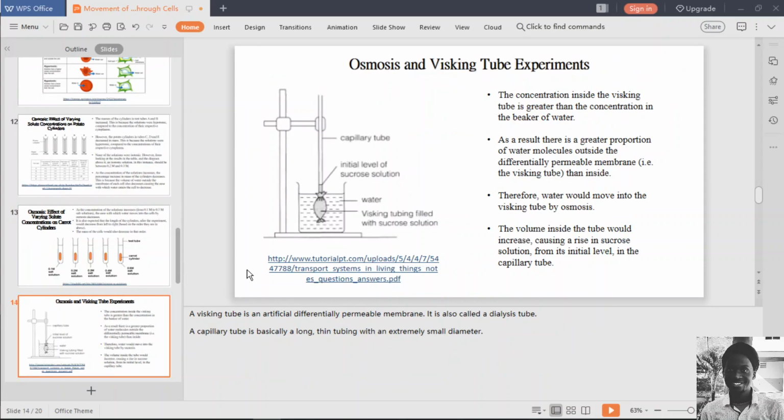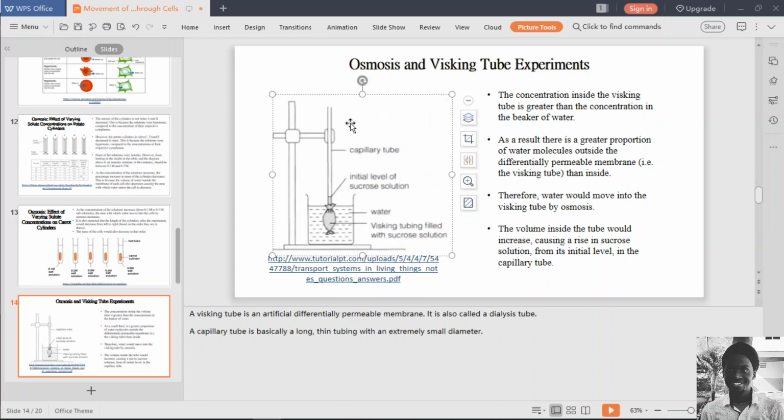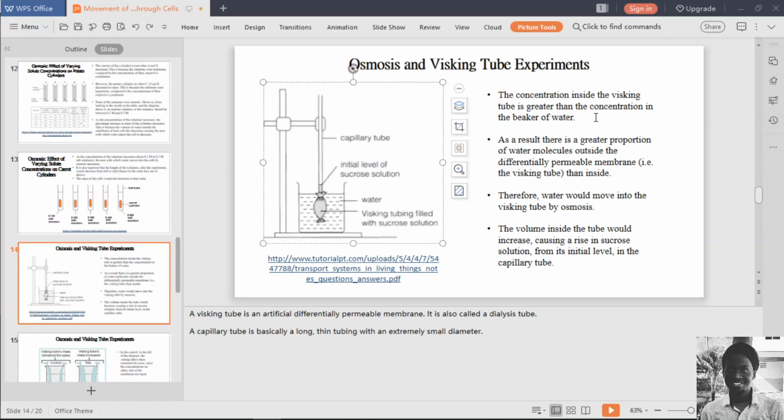Now, we also have the Visking tube experiments, and there are two models of the Visking tube experiments I will show you, because I do not want to go too much in depth with it. All right, two simple models. What actually is a Visking tube? It's an artificial differentially permeable membrane.